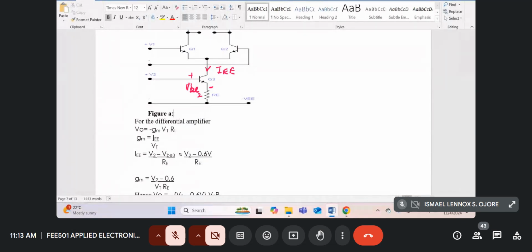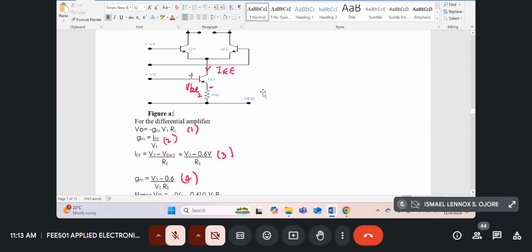Let's call this equation 1, this equation 2, this one 3, and that 4. So if I use equation 2 with IEE given as 3, then I get equation 4.